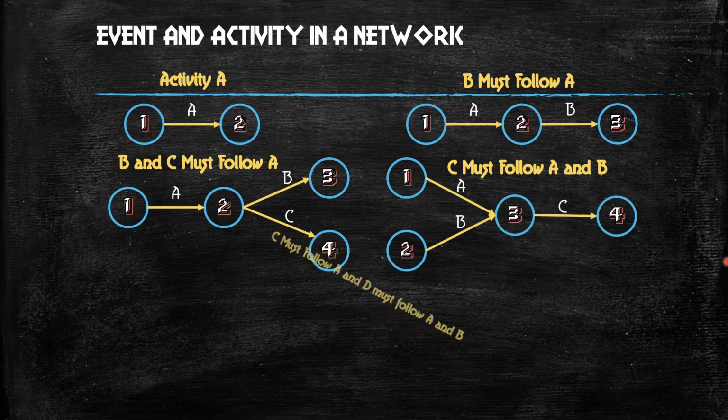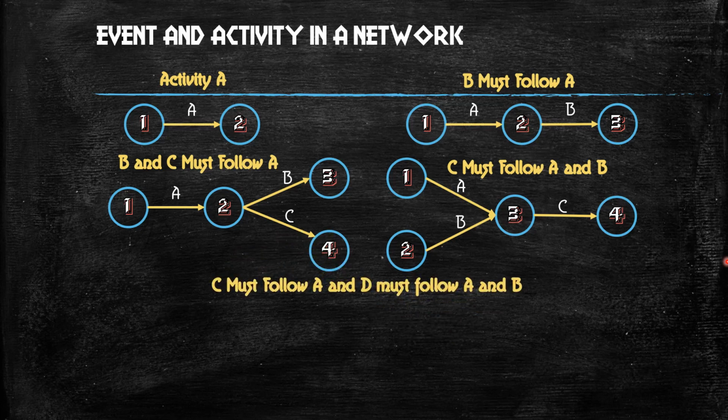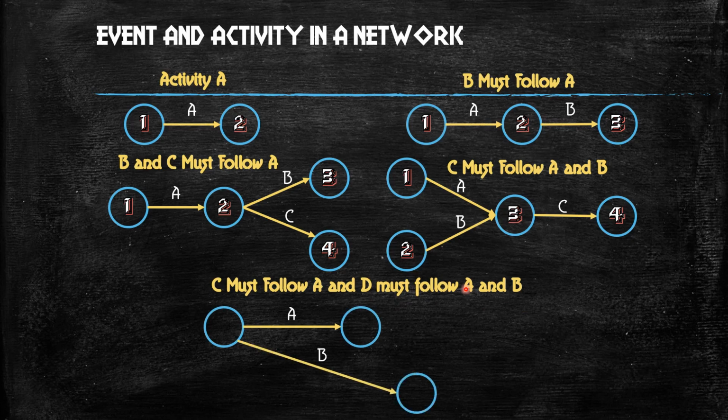Next, C must follow A and D must follow A and B. Here, you're going to draw A, B, C and D, whereas C will follow only A, and D will follow both A and B. How do you have to draw? Right, first A, next B, right?